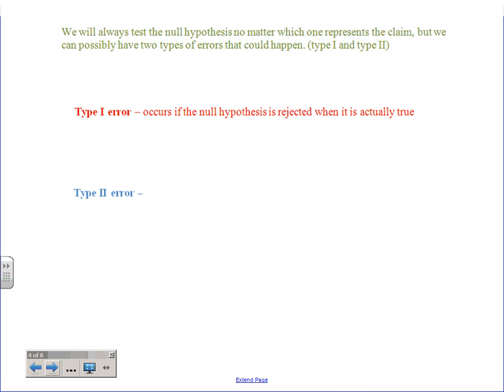And so sometimes what's going to happen is we're going to reject it, but oops, we weren't supposed to. My bad. So type 2 error occurs if it is not rejected when I was supposed to. So you say, oh, that null hypothesis looks good, but yeah, oops, it wasn't. Okay.